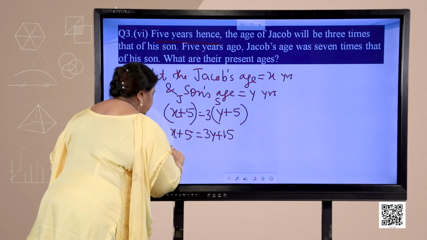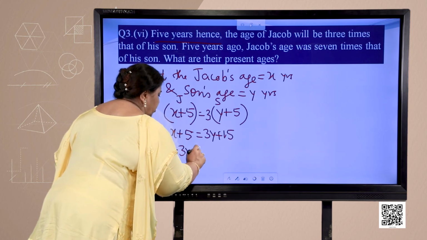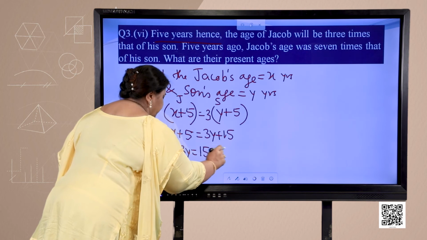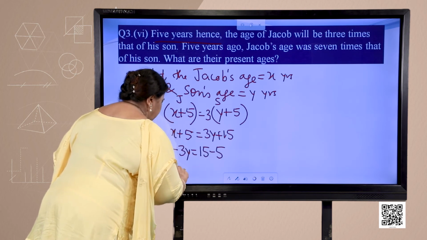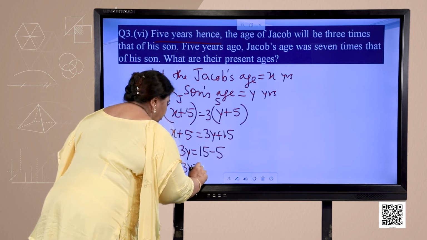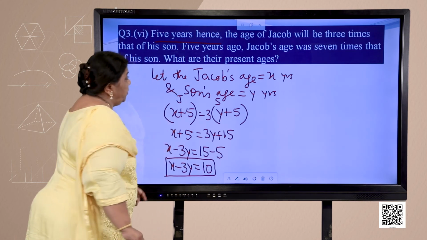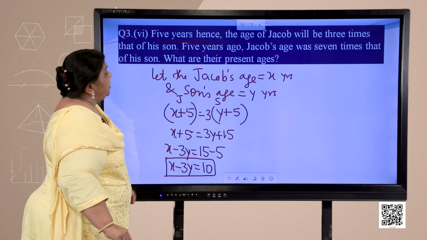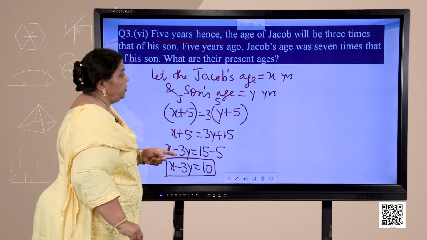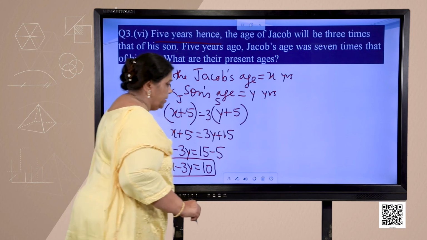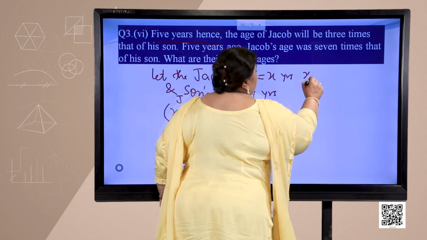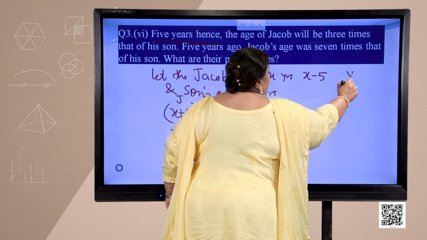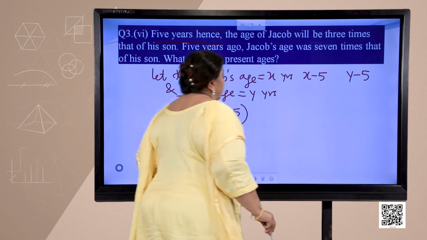That gives me x minus 3y is equal to 15 minus 5. So, x minus 3y is equal to 10. This is the first equation from the first condition. Second is 5 years ago. Ago means minus, I have to take minus. Jacob's age is x minus 5 and son's age will be y minus 5.